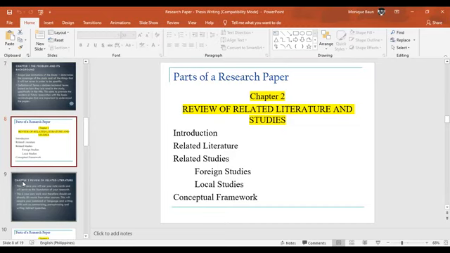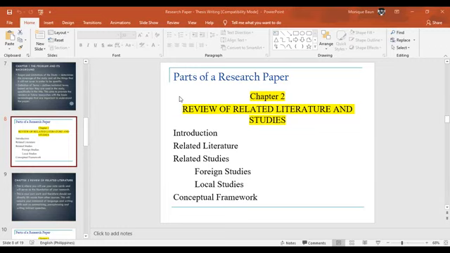The chapter title is Review of Related Literature and Studies. For this one, we have the introduction, related literature, and related studies. The difference between the two: related literature are the articles and the magazines, the information that can be found on the internet, like social media, articles, blogs, and magazines.